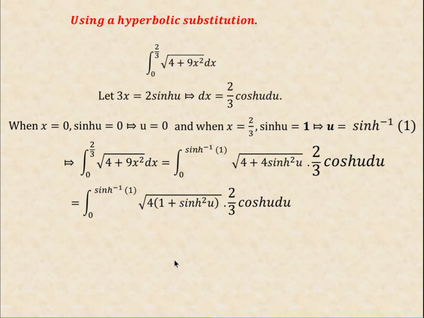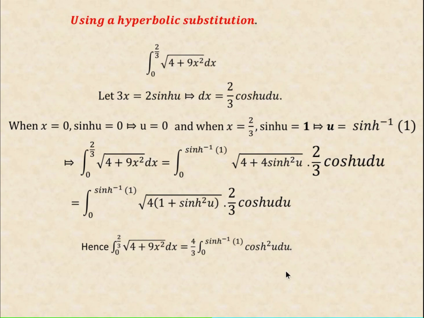The square root of 4 is 2, so we can multiply 2/3 by that 2 to have 4 over 3, and then 1 plus sinh squared u is actually cosh squared u, which the square root of cosh squared u would give cosh u, and then cosh u times cosh u will now give cosh squared u du.